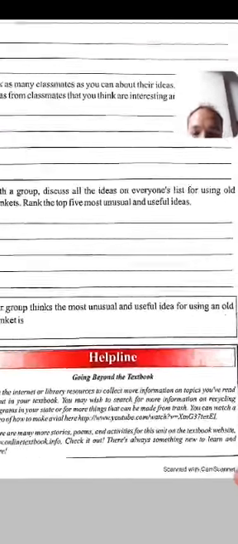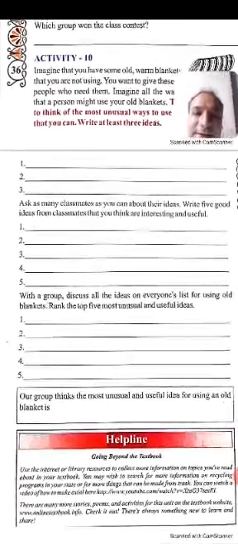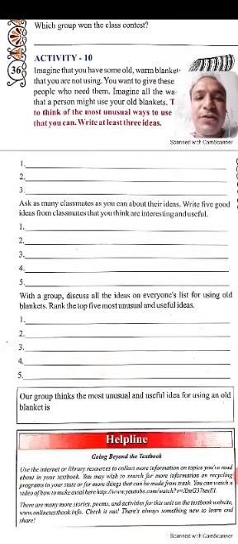Helpline, last it is given, going beyond the textbook. Use the internet. See, nowadays, with the problem of COVID-19, most of the students are using the internet to find out about some difficult topic or subject if you are not getting an idea. Many students are using the internet or library resources.